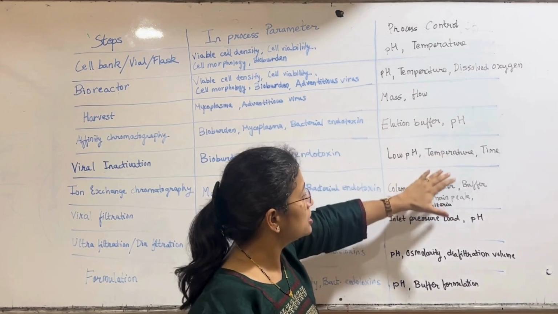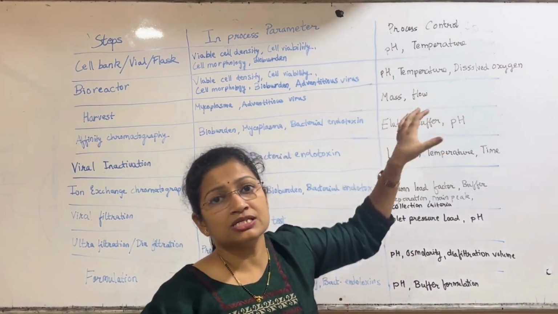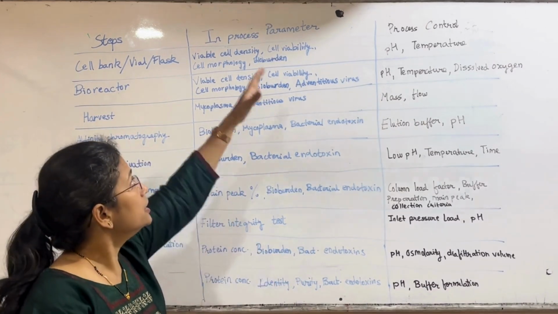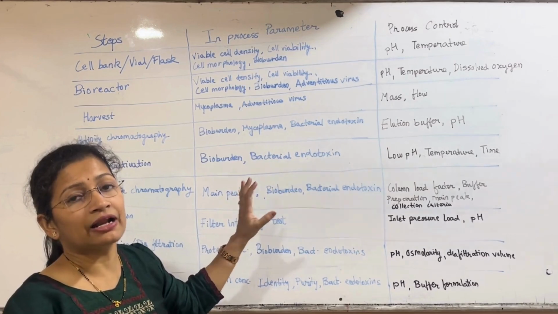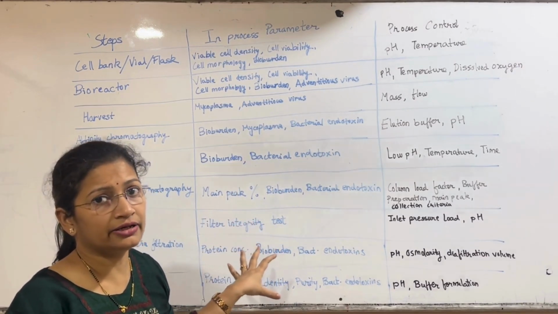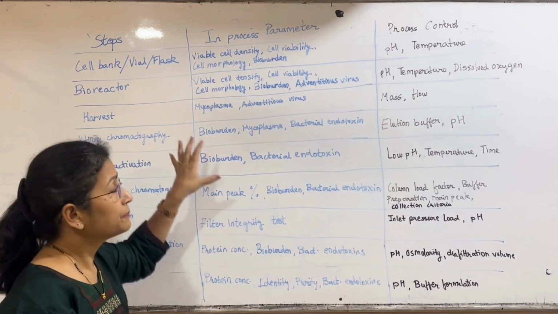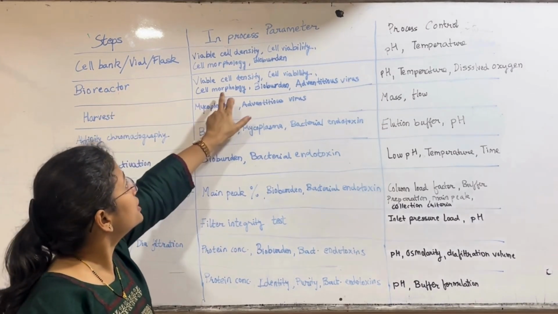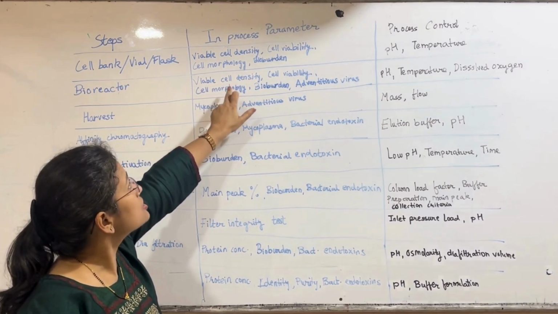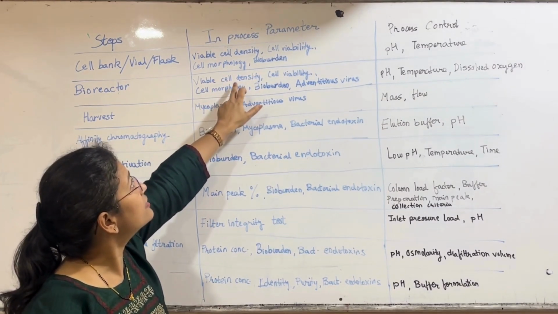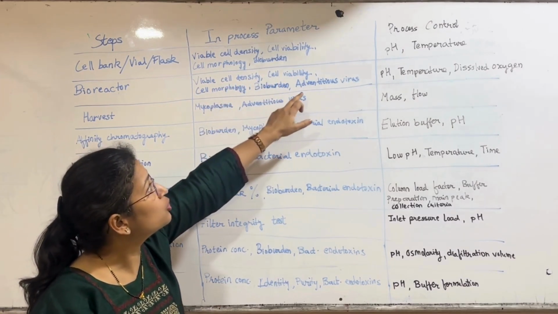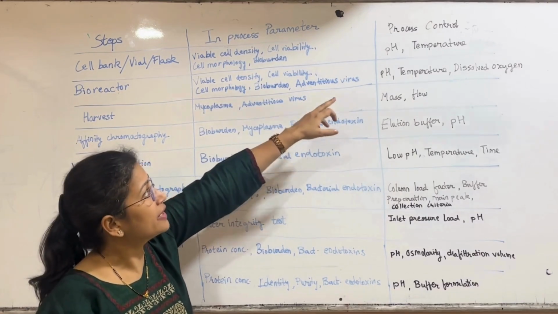If you see carefully, in most places pH and temperature play a very crucial role in having the in-process parameters in the desired quality. Then when it comes to bioreactor, we need to check viable cell density, cell viability, cell morphology, bioburden and adventitious virus.